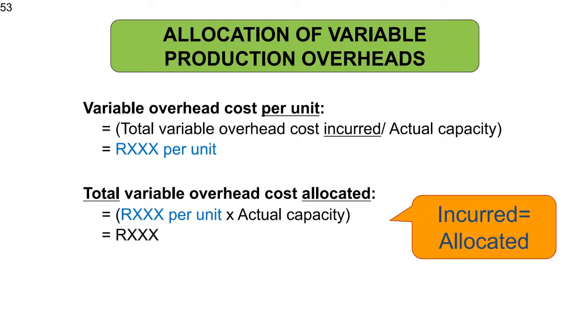So the actual variable cost divided by the actual production is going to give us a cost per unit. And this is the same way that we would do direct materials, same way we would do direct labor.